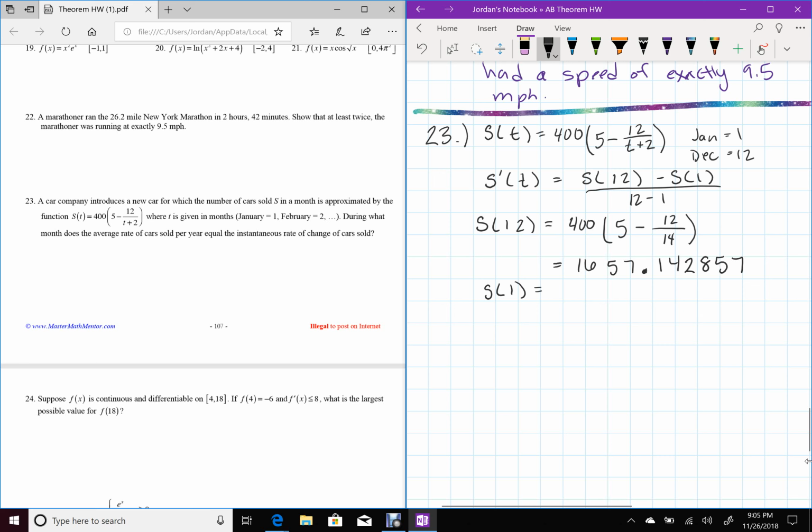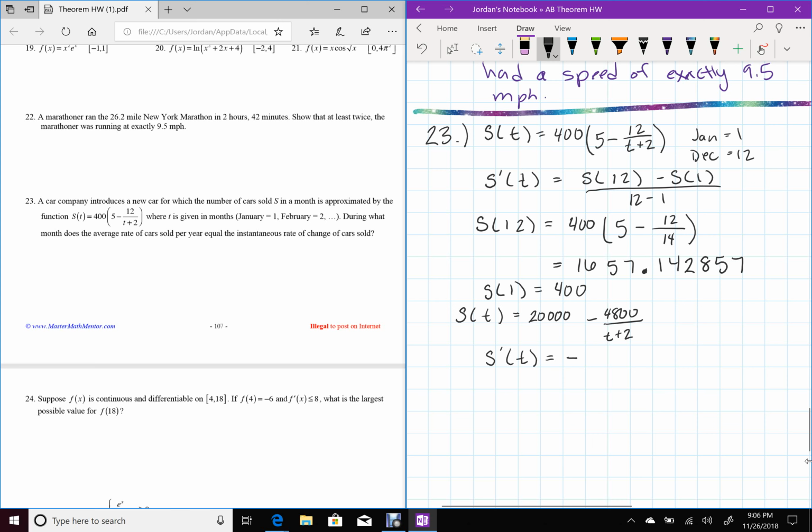Now for S of 1, I put that in my calculator and I get 400. I still need to figure out what S prime of t is. What I'm going to do is distribute that 400 so that I have 20,000 minus 4,800 over t plus 2. So I can easily see that the 20,000 will become 0 when I take the derivative.